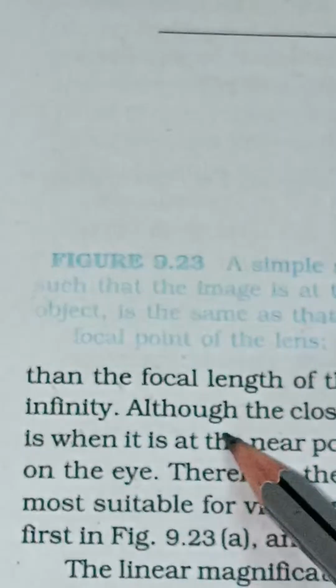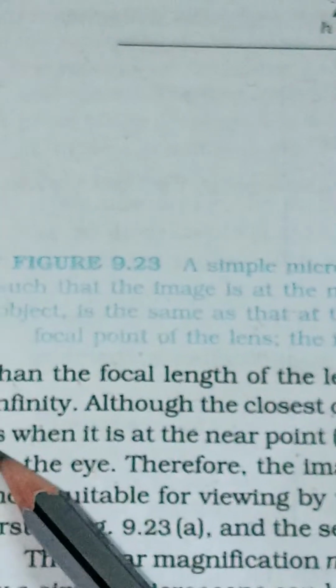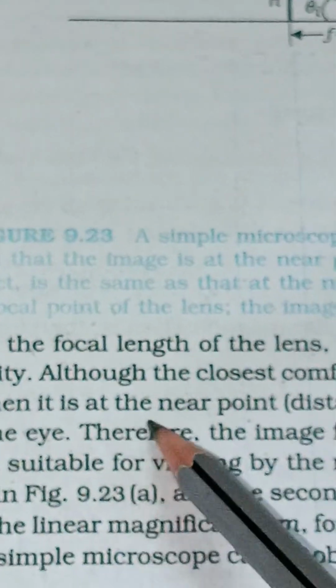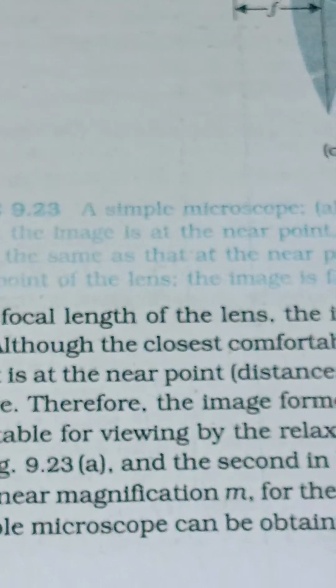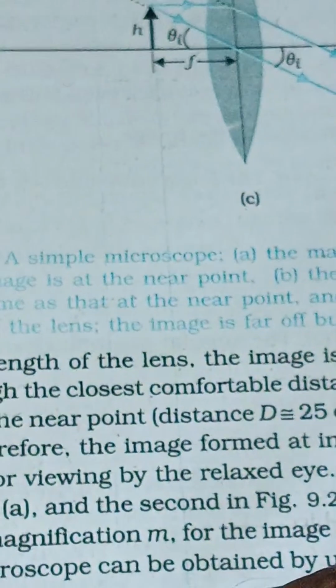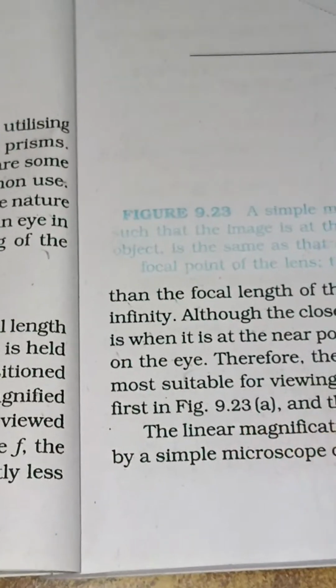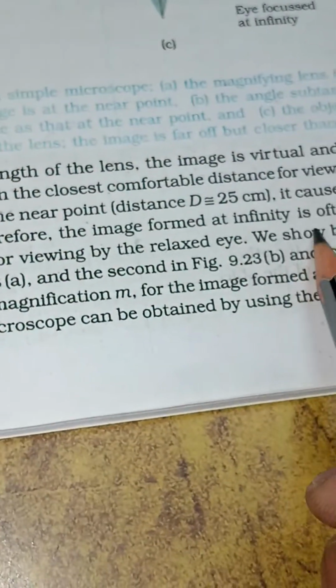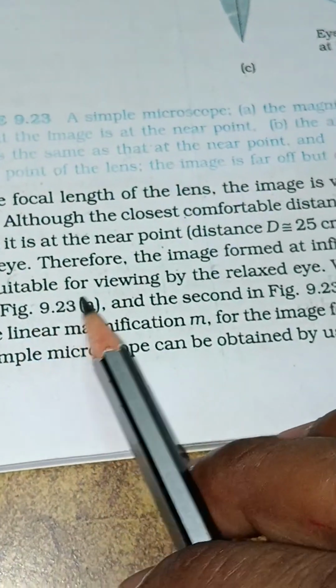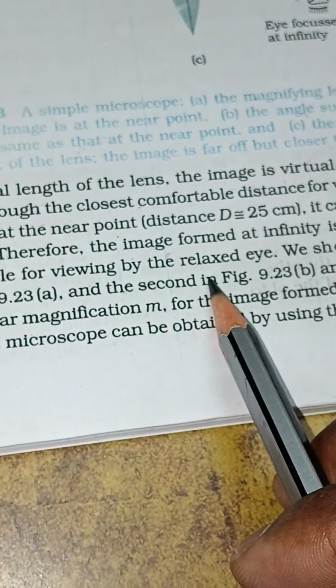Although the comfortable distance for viewing the image is when it is at the near point, distance 25 centimeter approximately, it causes some strain on the eye. Therefore, the image formed at infinity is often considered most suitable for viewing by the relaxed eye.